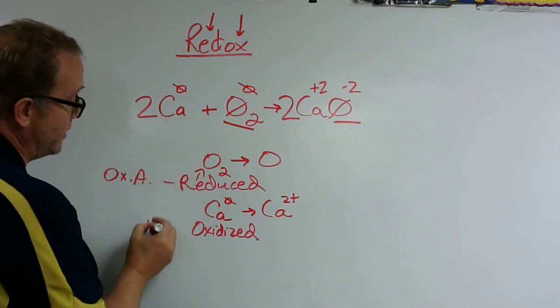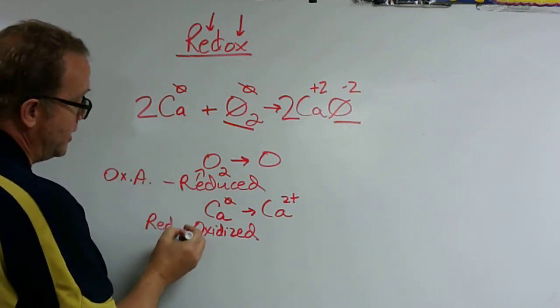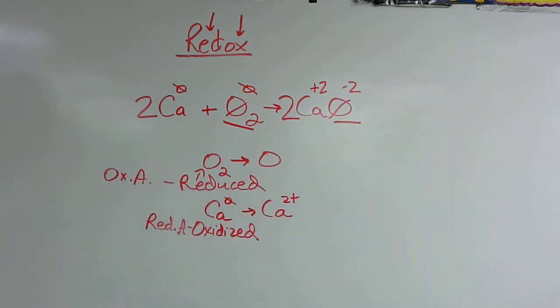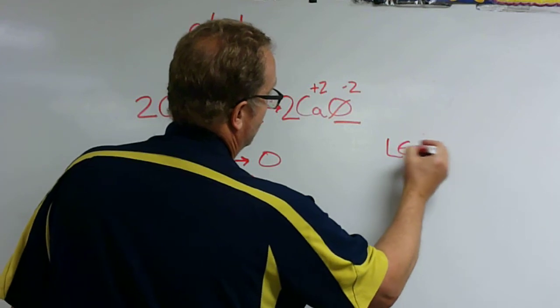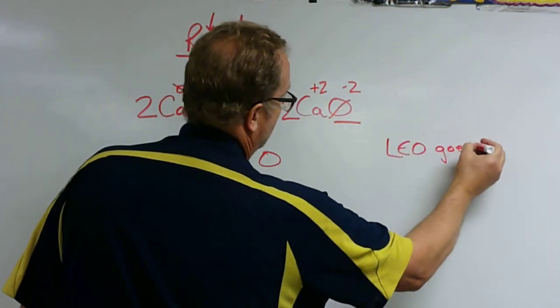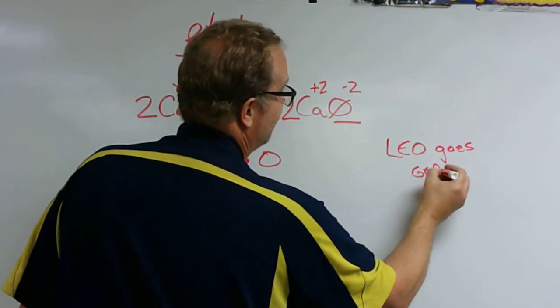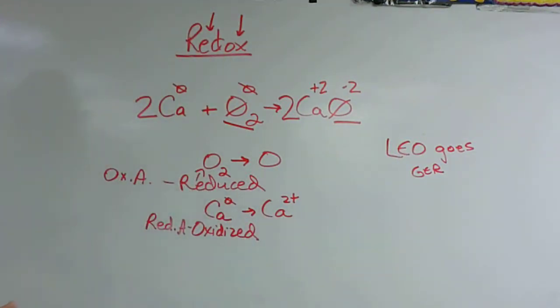I'll just go ox A, and this is red A. Now let's add a little bit to this. We refer to this whole thing as Leo goes Ger. And then there's a different slogan, but I go with Leo goes Ger.